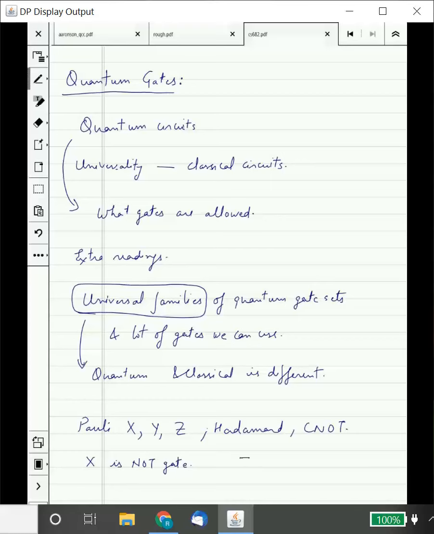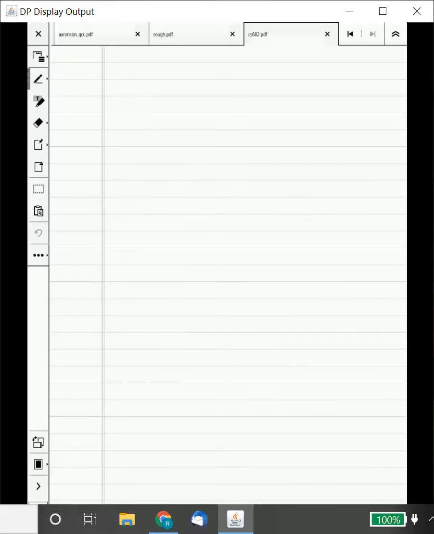Y is given by this relationship. Hadamard takes 0 to plus and 1 to minus. Again, we are specifying action only on the basis states. You can do the same exercise for CNOT.